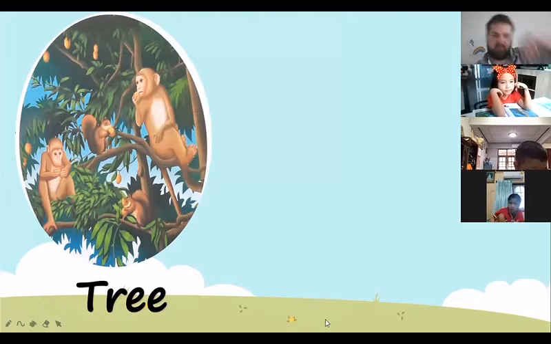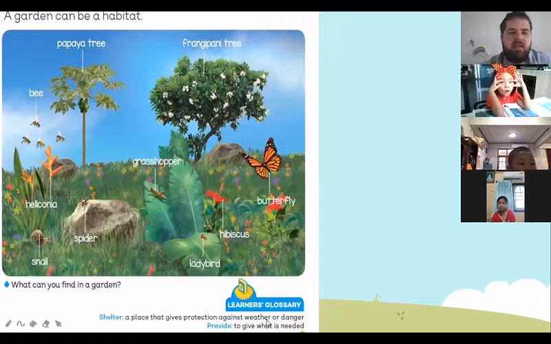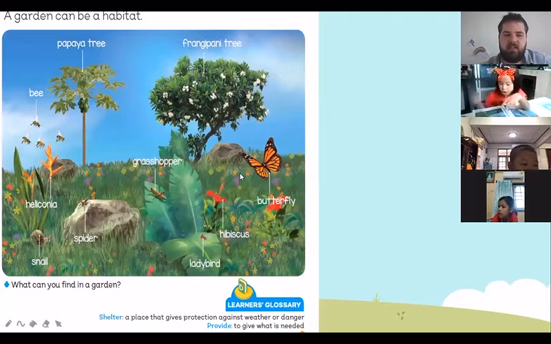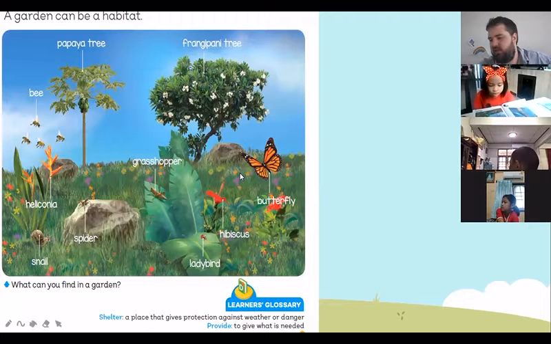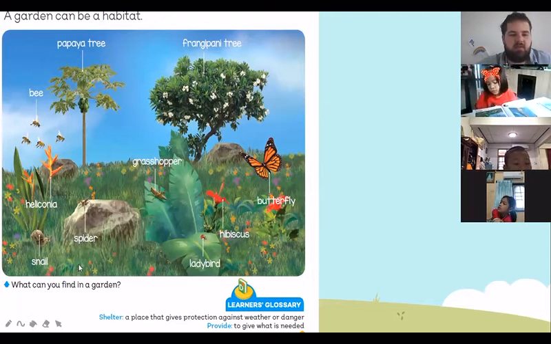Okay. Let's go to our next one. This is our garden habitat. In our garden habitat, we have lots of animals and plants. So let's have a look at our animals first. So we have a snail.